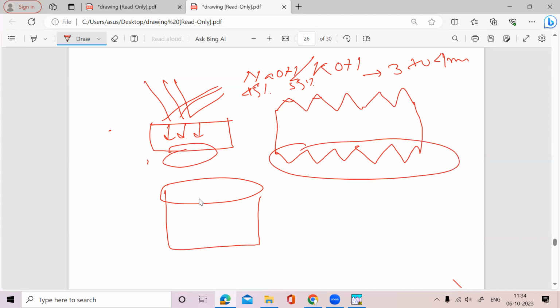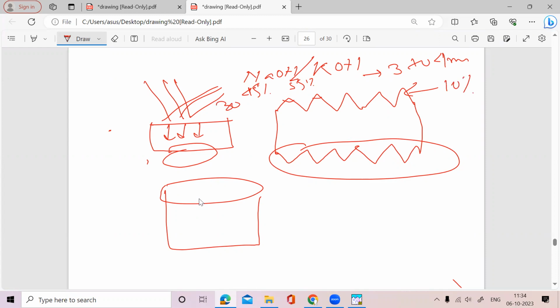You can't protect it, because I am talking about the large-scale industry, not small things in the lab. In the lab, with the help of Teflon or other things, you can manage, but on a large scale you are not able to. So this is called texturization. After texturization, my reflectance is reduced from 30% to 10%.